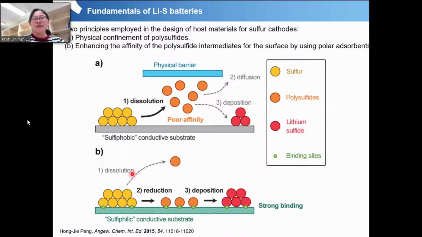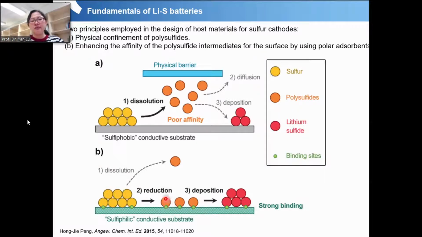The second possibility to solve this shuttling effect is to give a kind of chemical affinity, so a strong affinity of the polysulfides with the substrate. In this case, instead of a physical barrier, you bring chemical absorption or chemical confinement of your sulfur host material with the polysulfides.